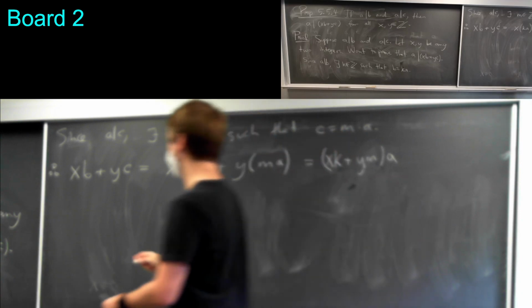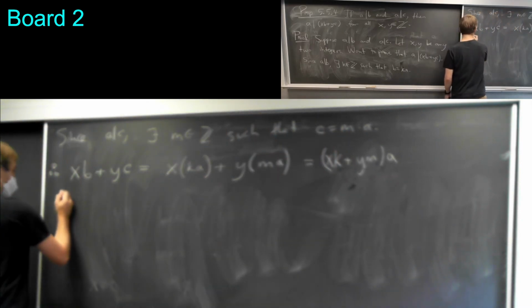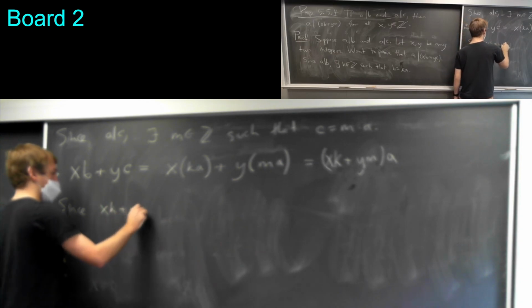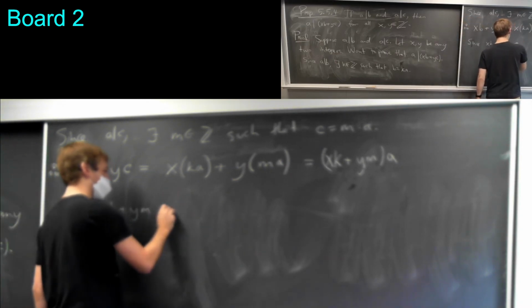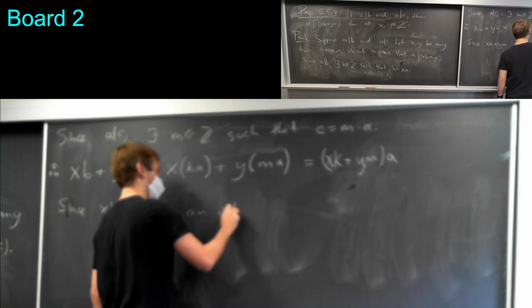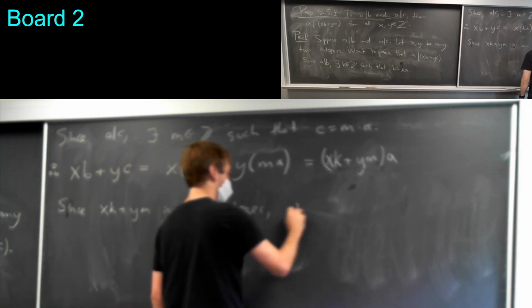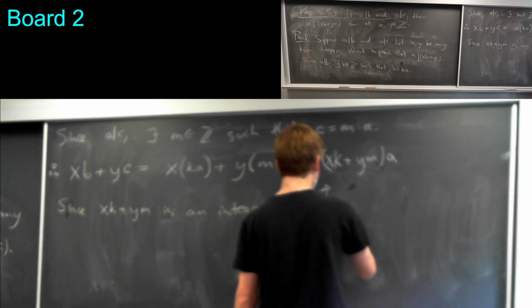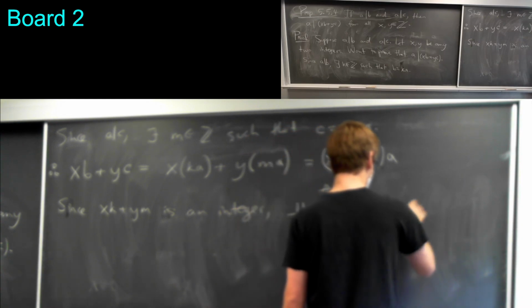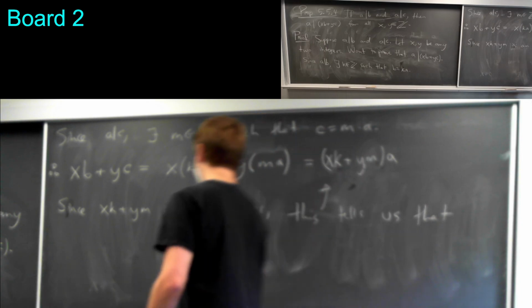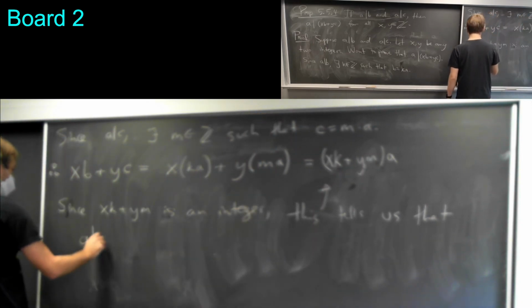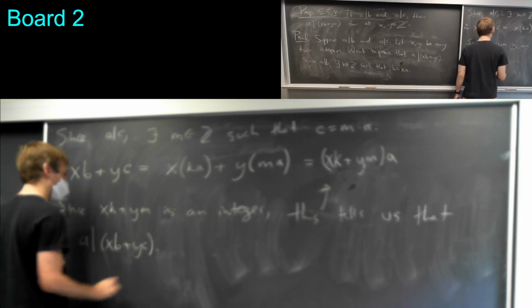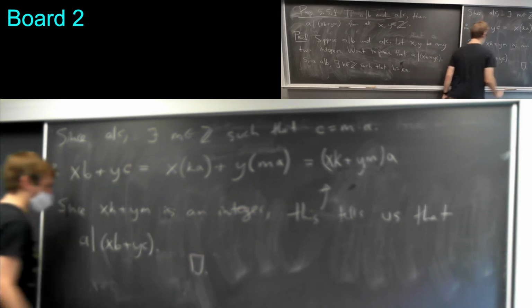So since xk plus ym is an integer, this equation tells us that a divides xb plus yc. And that's exactly what we wanted to prove.